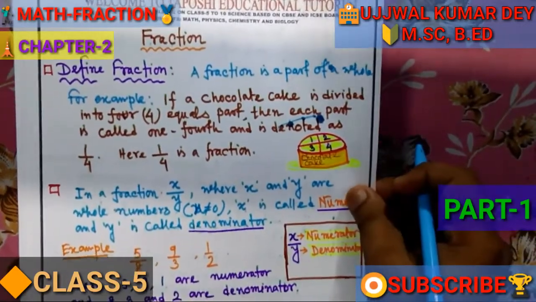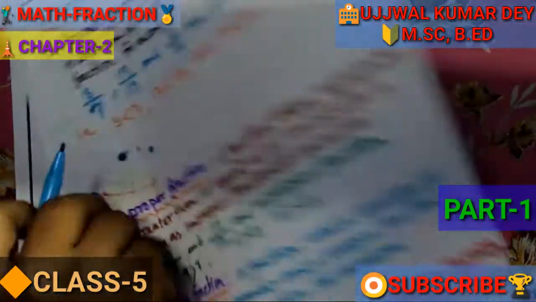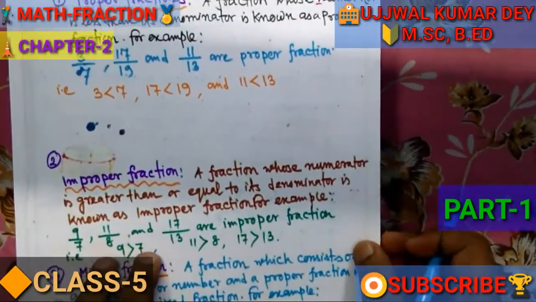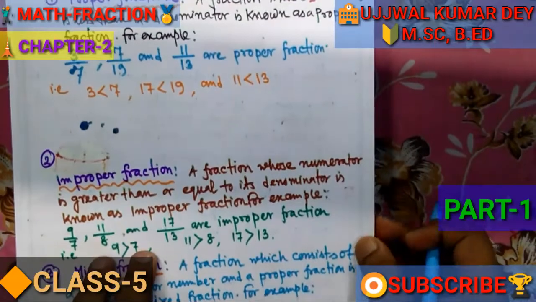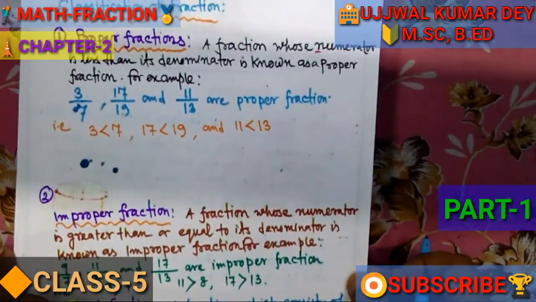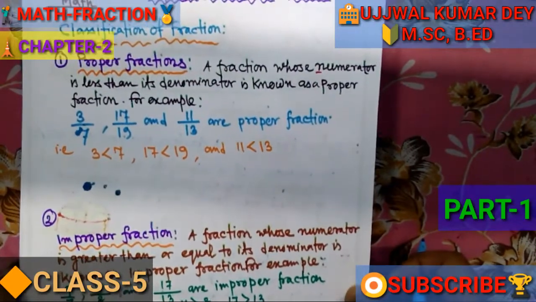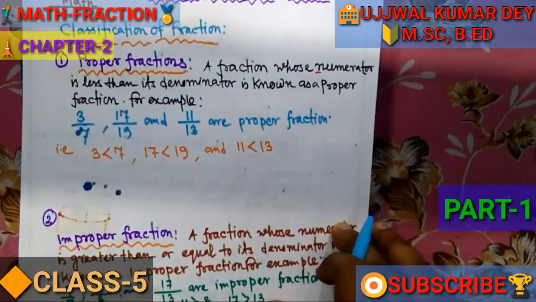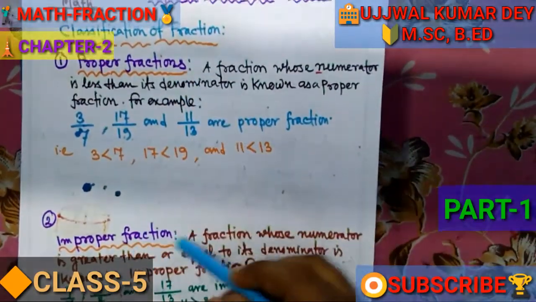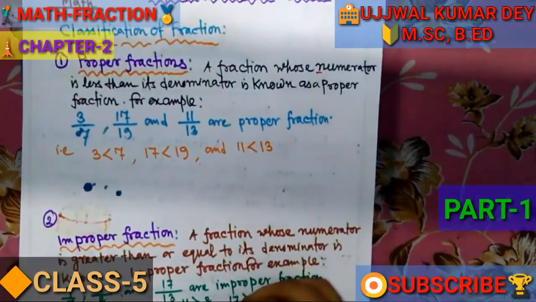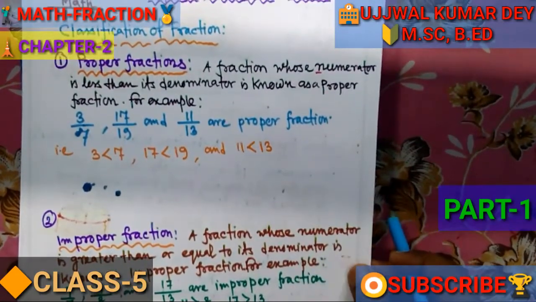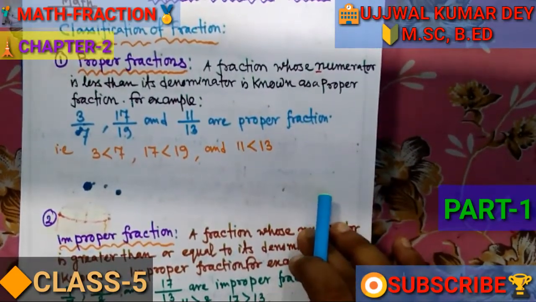Okay children? Now we discuss the classification of fractions. In this portion, children, we discuss the proper fraction, improper fraction and mixed fraction, right? So what is the definition of the proper fraction, children?